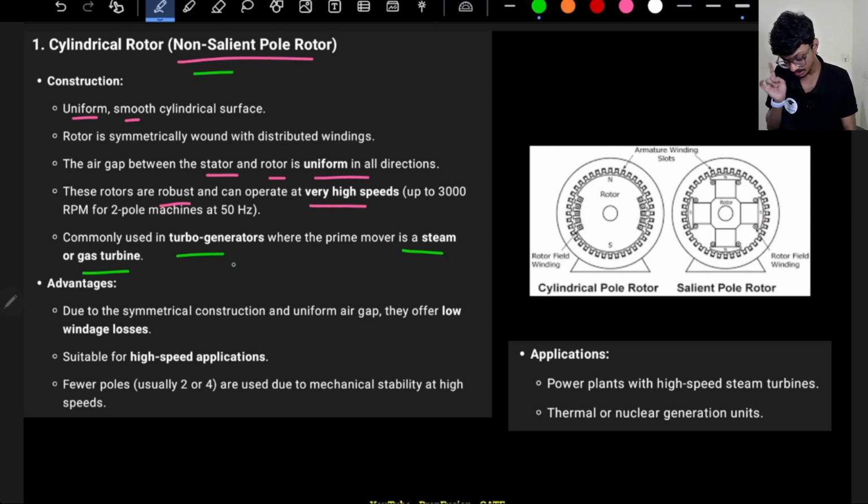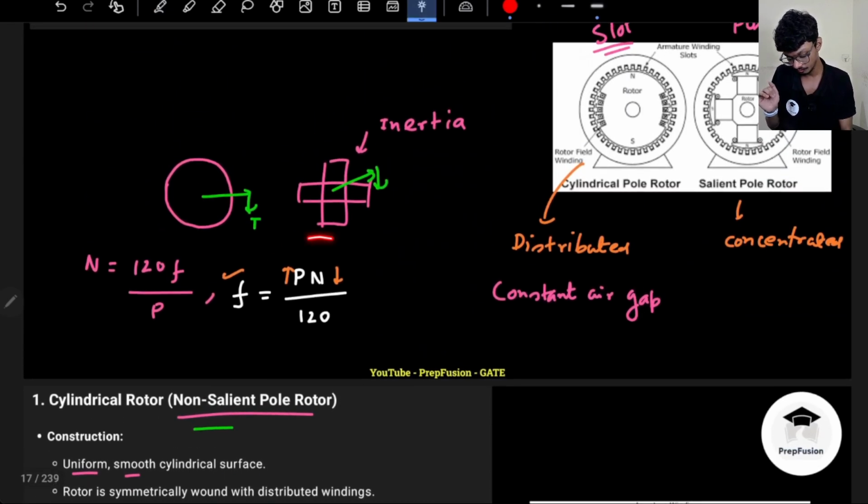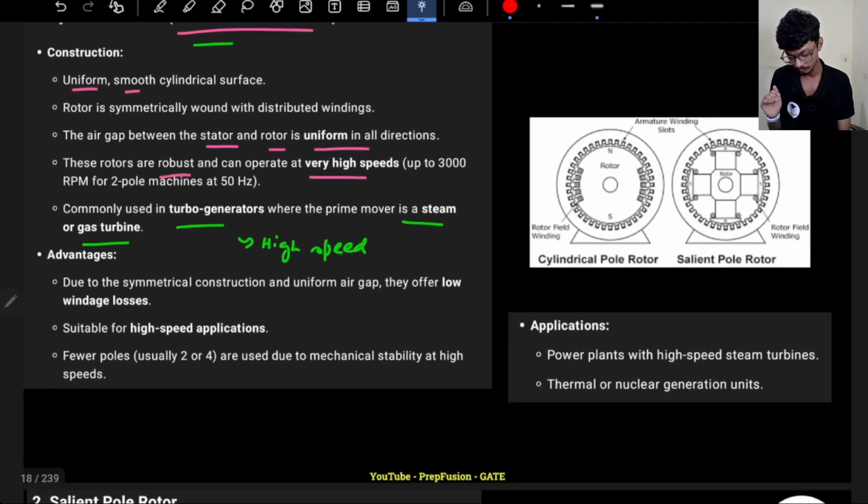Why? Because if I am using steam in a steam power plant, I can have very high speed. If the steam is able to provide very high speed, then I need the rotor structure that supports high speed, the non-salient pole.